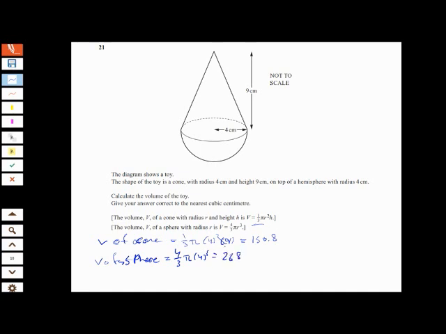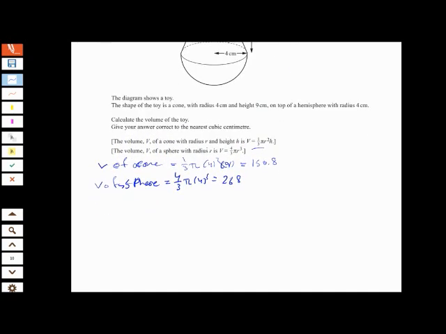But then we only want half of the sphere. So 268 divided by 2. That would equal 134.